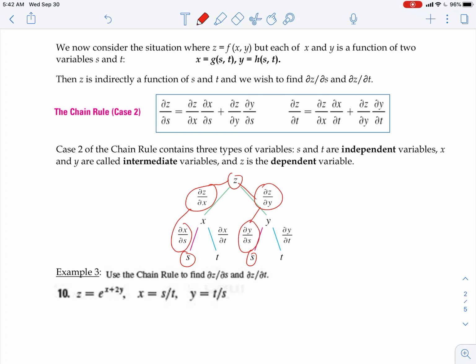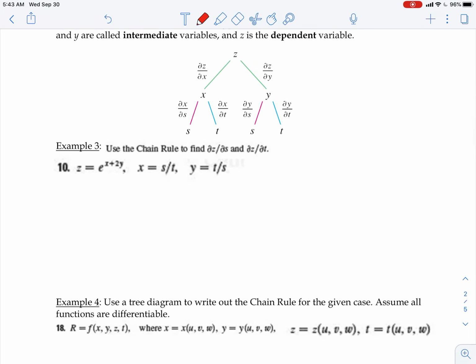And the same thing here: I want to get to s, so I'm going to use my tree diagram. I'm going to have to take a partial of z with respect to y and a partial of y with respect to s. So if I want to find my partial with respect to s, I'm going to use all those branches that lead to s from the tree diagram. Again, you don't need this if you don't want to draw it, but it is helpful to determine how to get to the partial that we want.